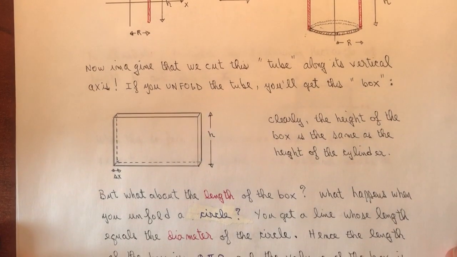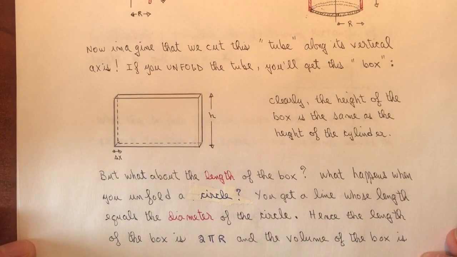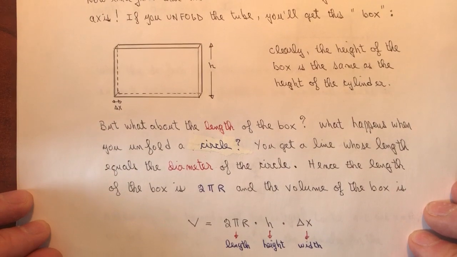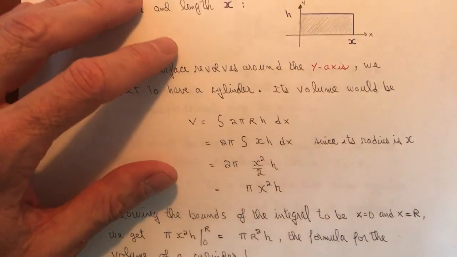But what happens when we try to find the length of this box? Well, what happens when you unfold a circle? You get a line whose length is equal to the circumference of the circle. Hence, the length of the box is 2 pi r, and the volume of the box is given by 2 pi r times h times delta x.